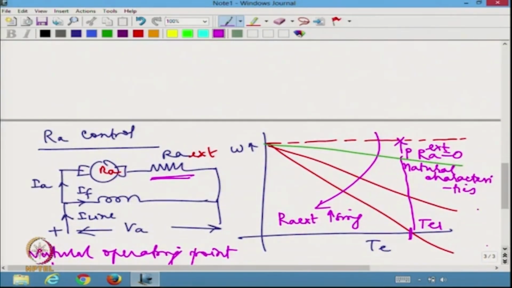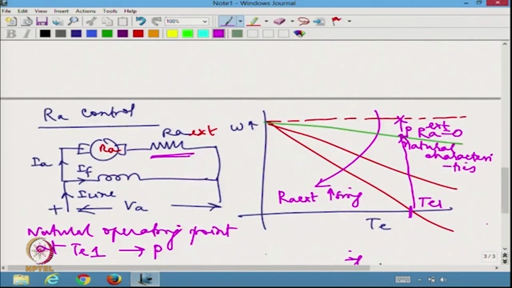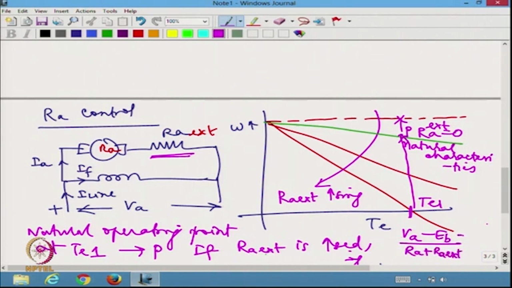So, now if I actually increase the resistance, if RA external is increased, now what is going to happen is, immediately I am going to see that the current that is flowing here, IA, will get decreased, because I have VA minus EB divided by RA plus RA external is going to be IA new.